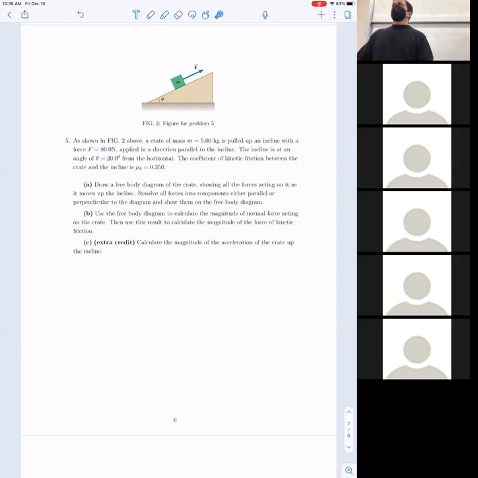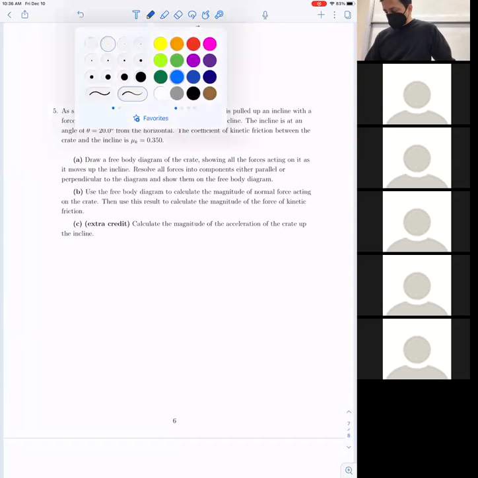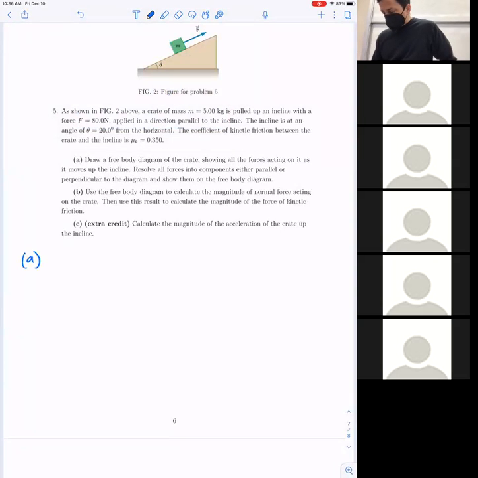But again, the concept is the same. It's F net equals ma, Newton's second law: draw a free body diagram, write down the equations, and solve for whatever variable is being asked. So here, let's do part A. Part A is asking to draw a free body diagram for the crate.